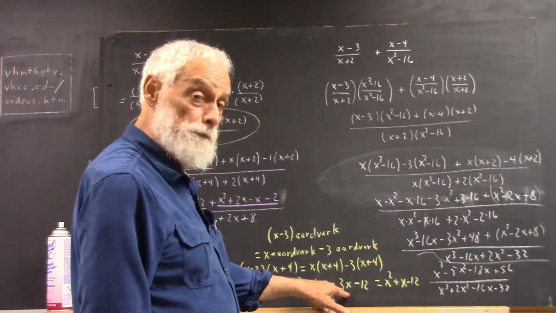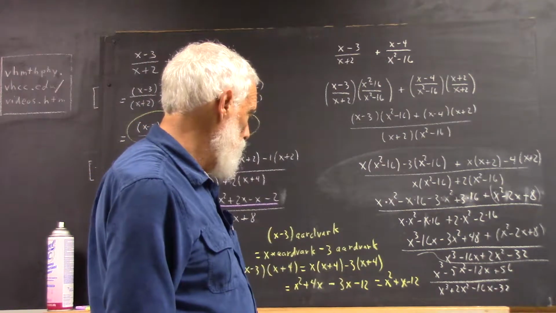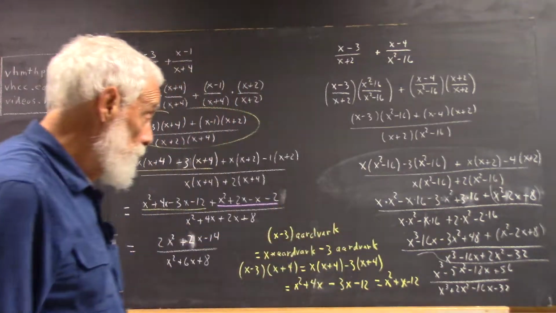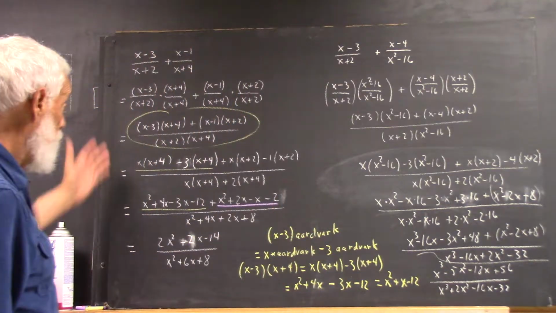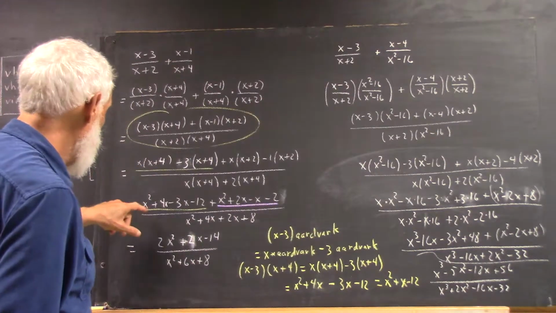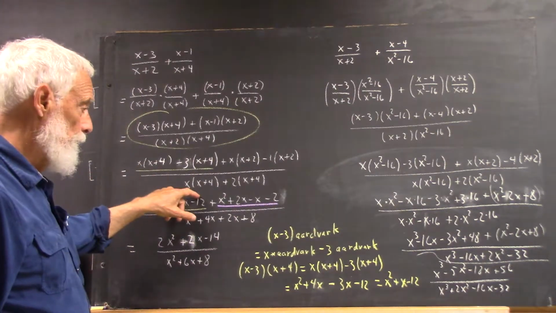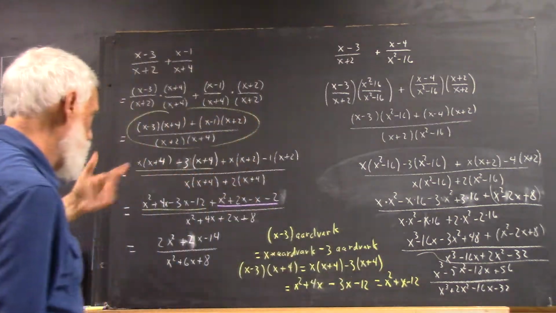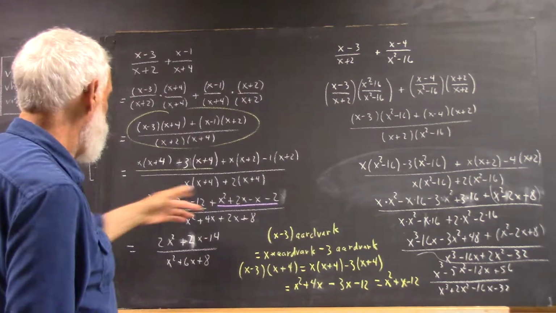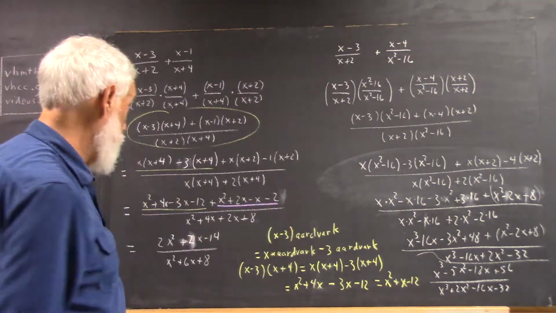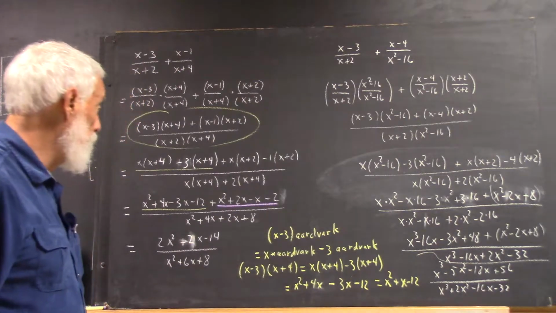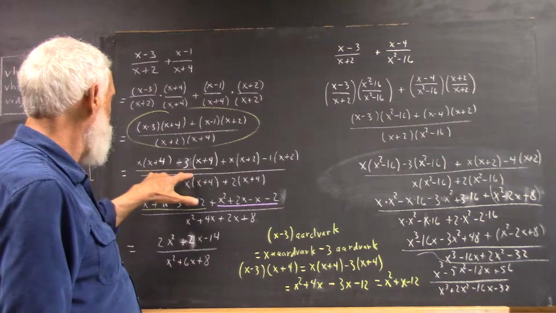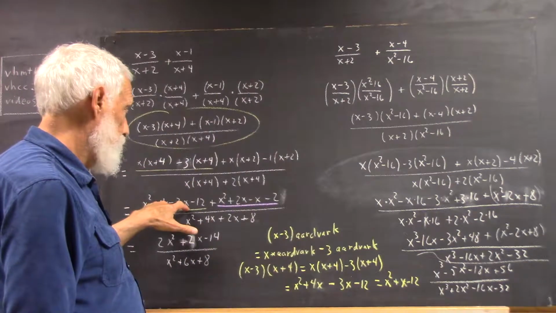Then we can combine our two like terms, and we get x squared plus x minus 12. Okay? So that's the use of the distributive law, and that's all we did here. We got our x squared plus 4x minus 3x minus 12, and that's simplified to x squared plus x minus 12. I didn't write that out, and as a matter of fact, I made a mistake because I didn't write that out, but so be it. Okay, so our x minus 3 times x plus 4 is this, which is this.